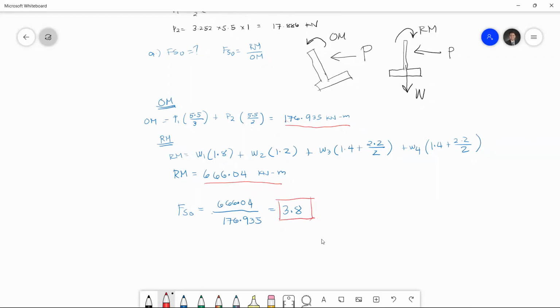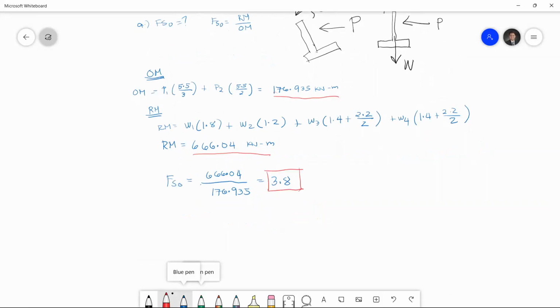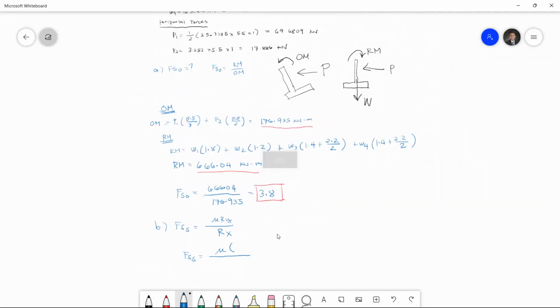So the next problem is the factor of safety against sliding. Okay, the factor of safety against sliding is equal to mu Ry, the frictional force, divided by the total horizontal force. So the factor of safety against sliding is mu multiplied by the total vertical forces.